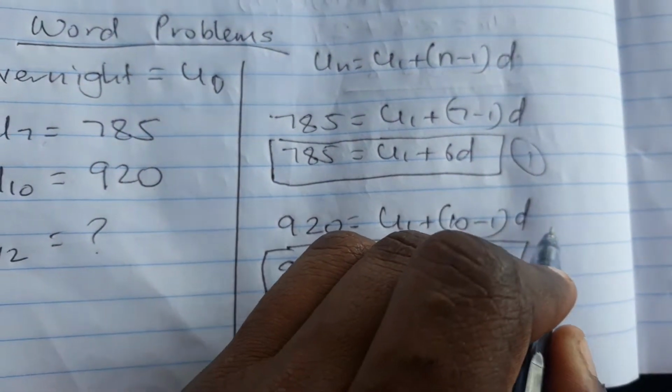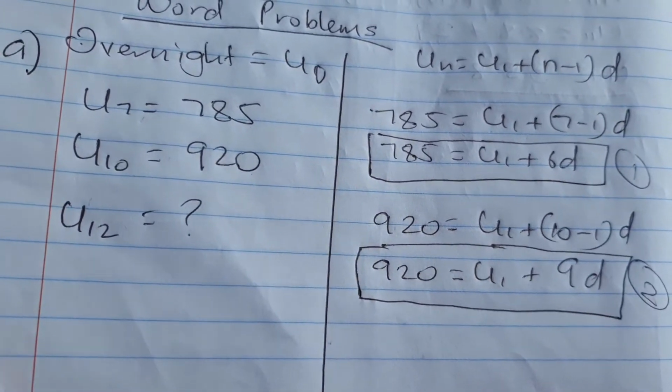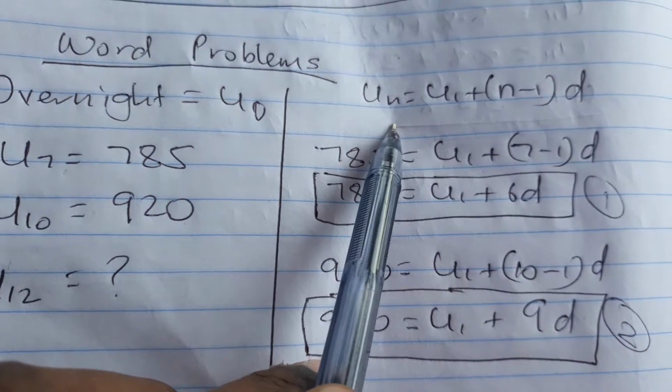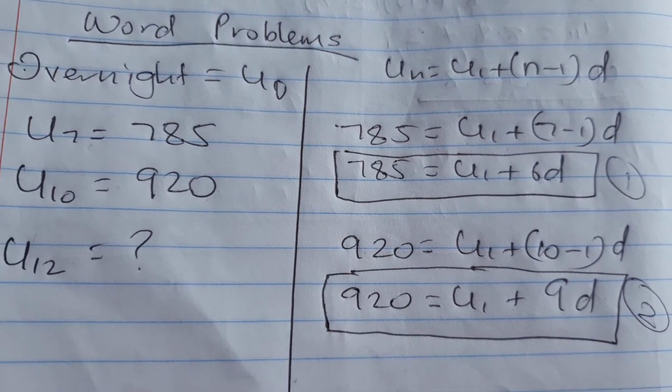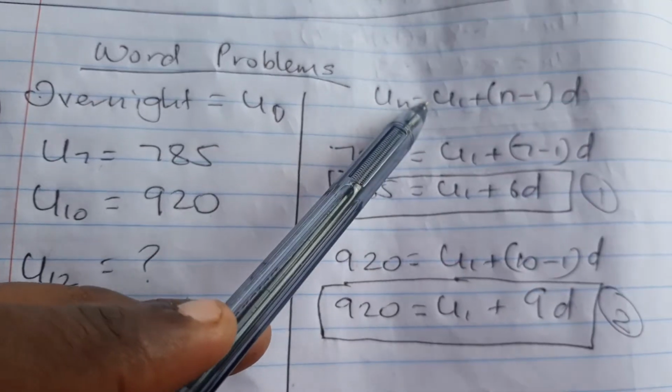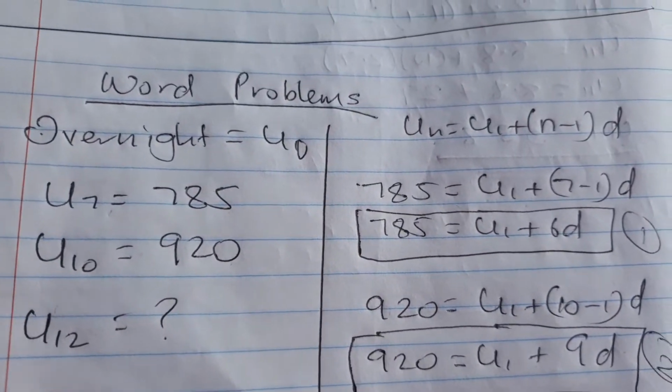That is going to be my second equation. To use this formula to find my u12, I'll need the value for n, which is 12 already given. I'll need the value for u1 and I'll need the value for d.